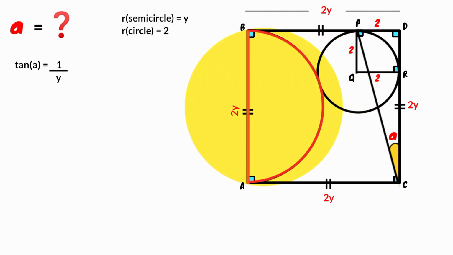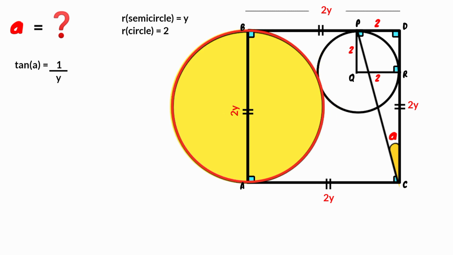Come back to this semicircle. Draw out the complete circle. Now we have 2 circles, a large one and a smaller one. They both touch at this point.